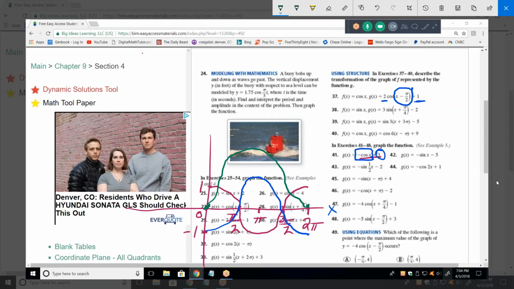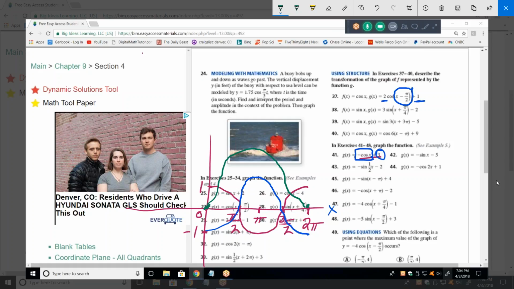Now, notice if I would have done my vertical shift first before the reflection, I would have gotten a different curve. If I would have waited till the end to do the reflection, I would have been below the x-axis.